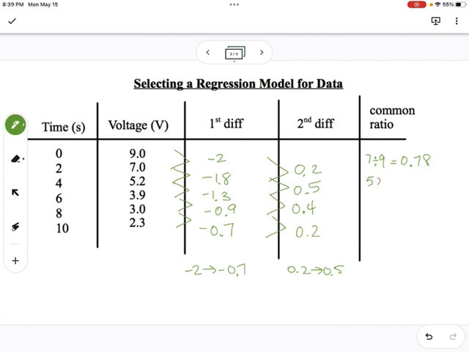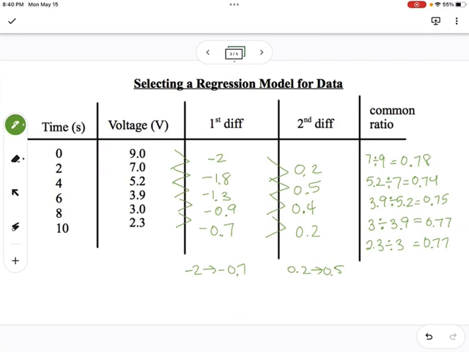And 5.2 divided by 7, 0.74, and then 3.9 divided by 5.2, 0.75, and 3 divided by 3.9, we get 0.77, and then 2.3 divided by 3, and we get 0.77 again.